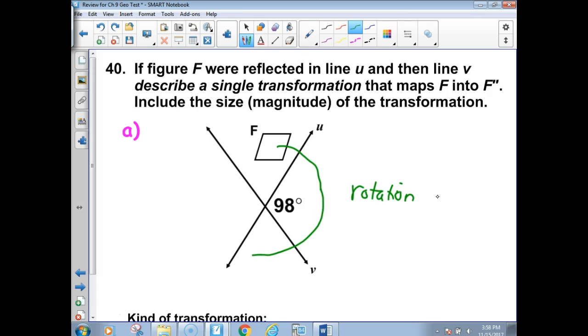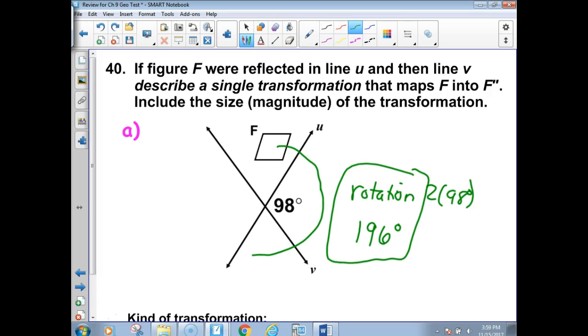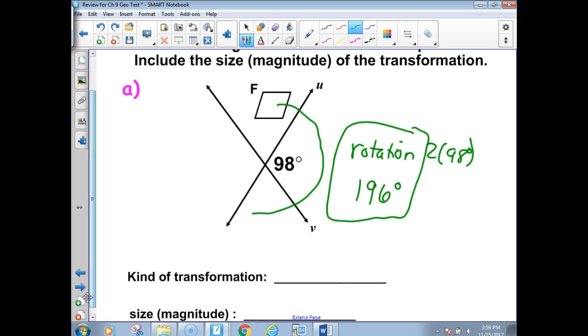We had that in our ISN. It'll be 2 times 98 degrees, so that's 196 degrees. A rotation of 196 degrees is what would result from doing a reflection first over line U and then over line V. So the kind of transformation was a rotation, and the magnitude 196.